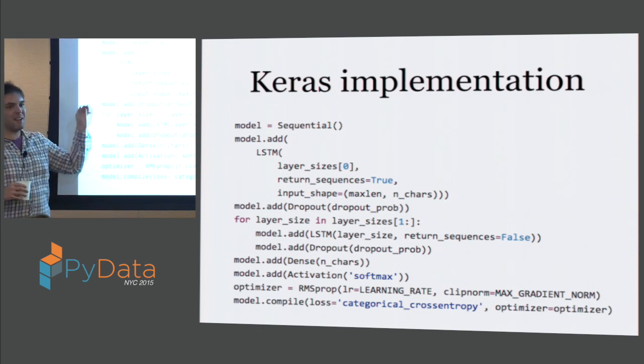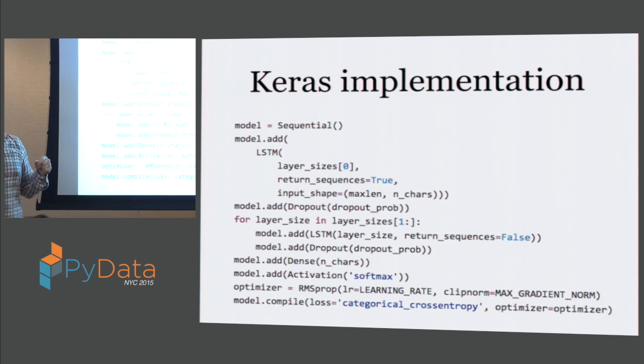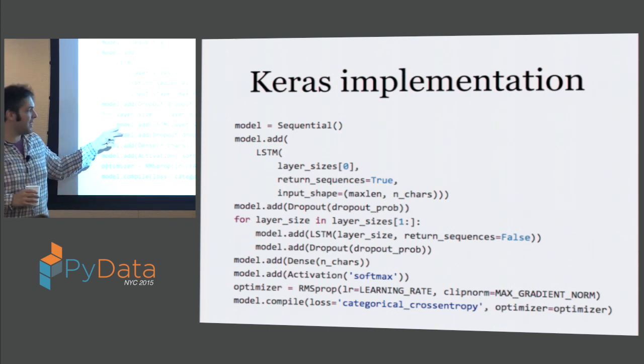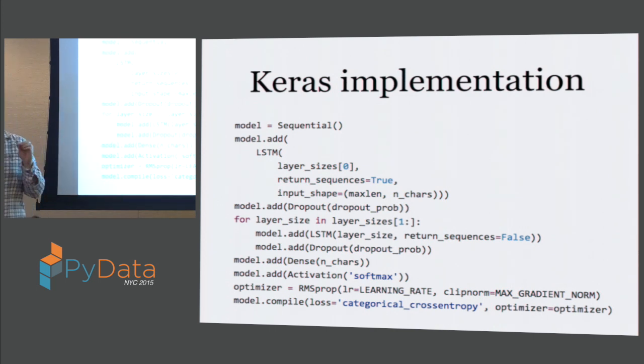So this is emitting an output vector per input character. And then there's a last LSTM layer, which is not returning its full sequence of outputs. It's just returning its single last output. And that is going into a softmax layer, which gives you a probability distribution over 69 characters.